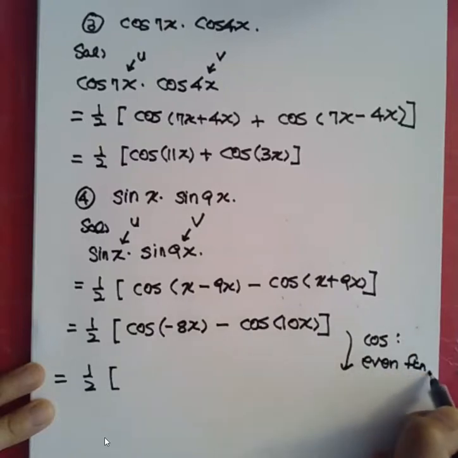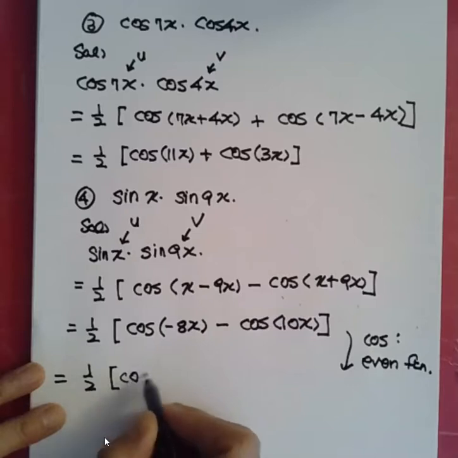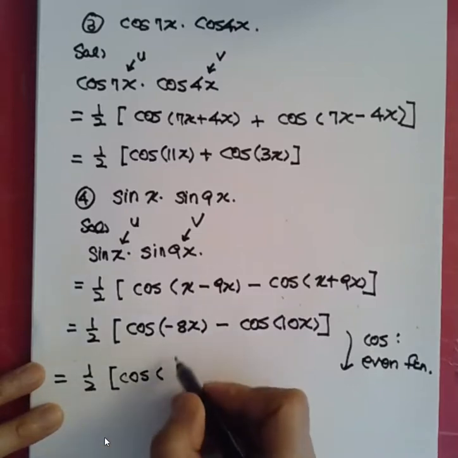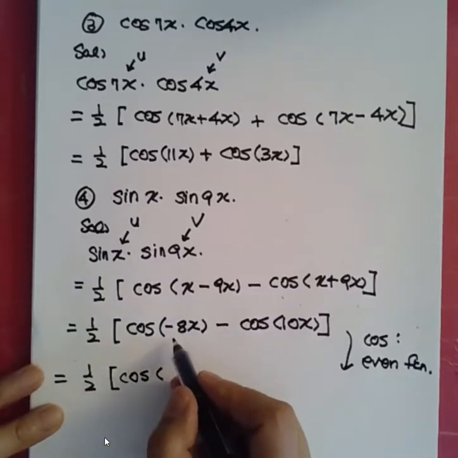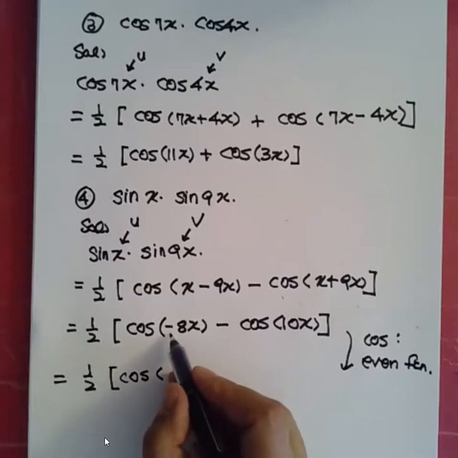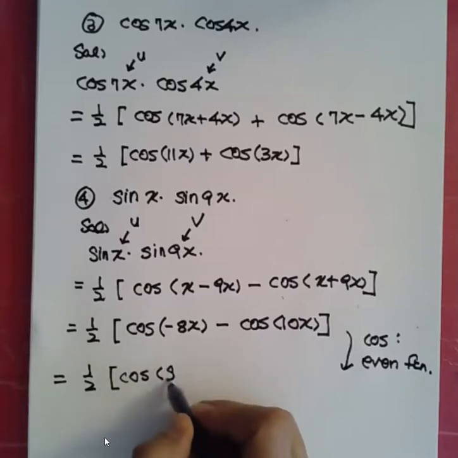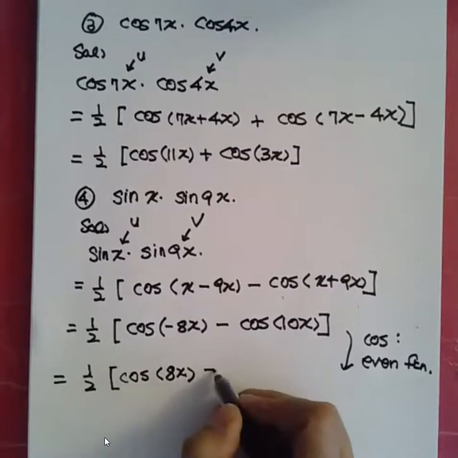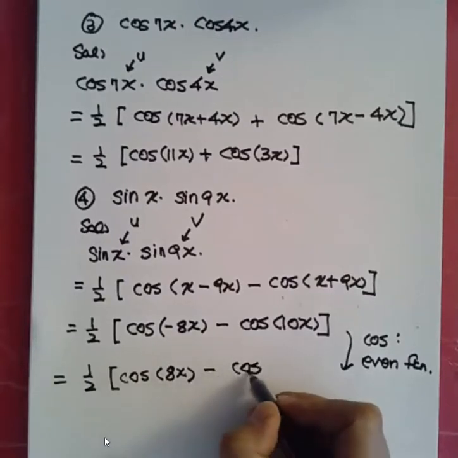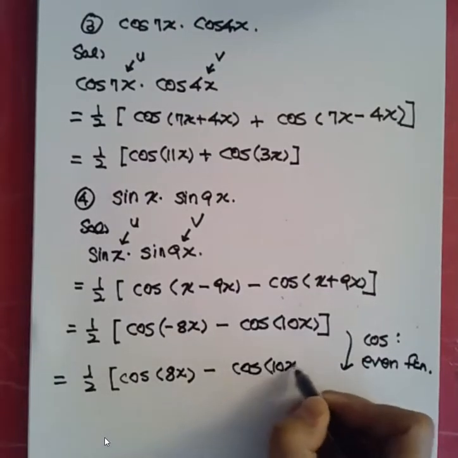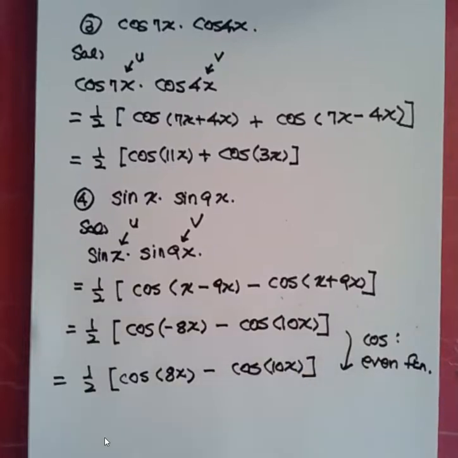When we switch the sign of the input, converting minus 8x to 8x, the function value stays the same. After you apply the even function property, you can conclude the problem. This is the final answer.